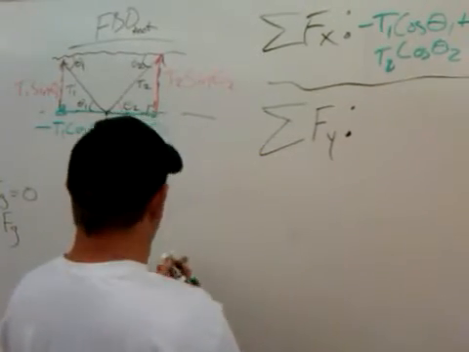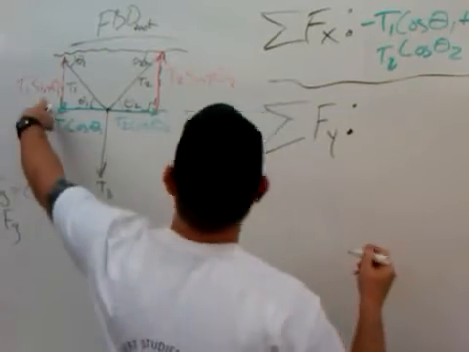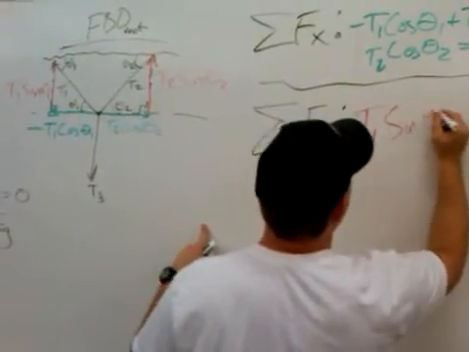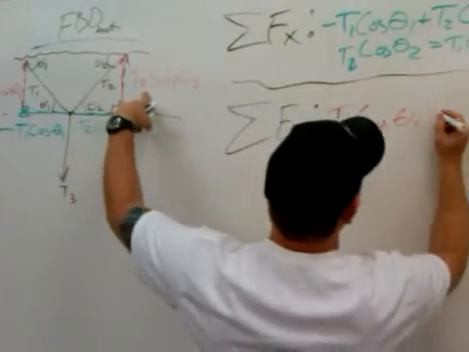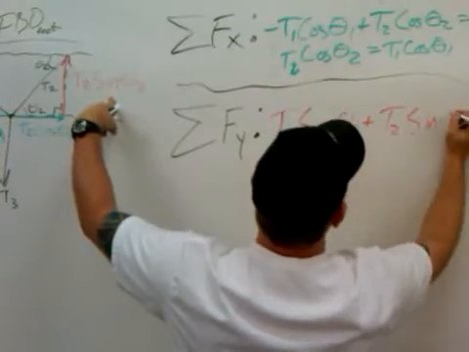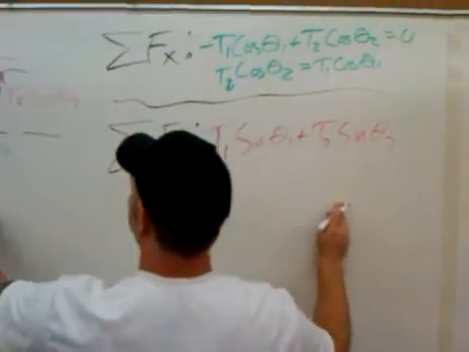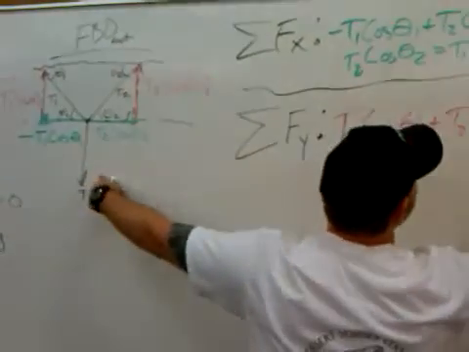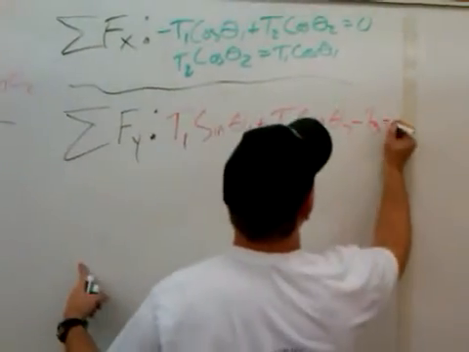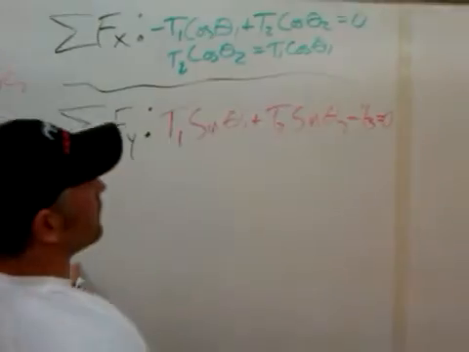We're going to do red for y. I've got a positive T1 sine theta 1. I'm going to add T2 sine theta 2. But I've got this one pointing down too, so I now have to subtract T3. And again, we're in equilibrium, so this all equals 0.